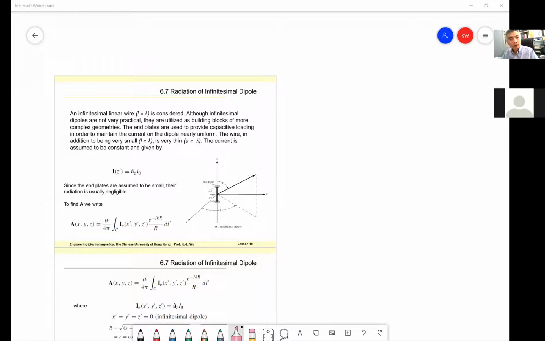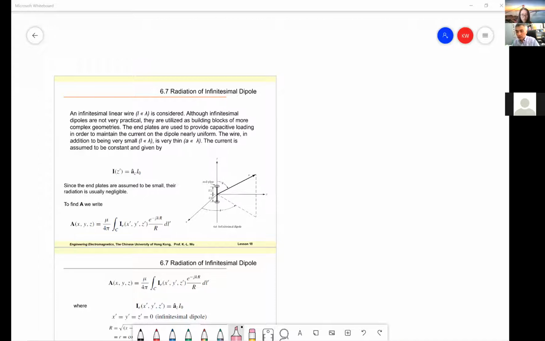Let me first briefly review what we have discussed about a very small dipole antenna, how it radiates and how we describe it mathematically, the property.